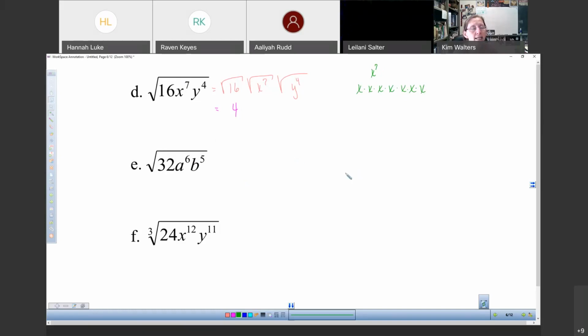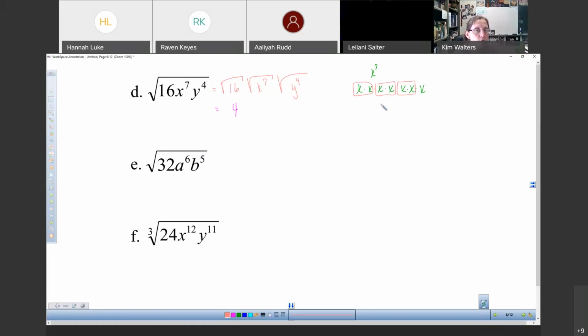I know it took just a second to write that out, but you got this. I need to circle up pairs of these because I'm talking about a square root. So I have 1 pair, 2 pairs, 3 pairs.